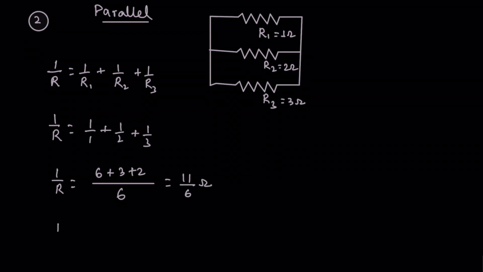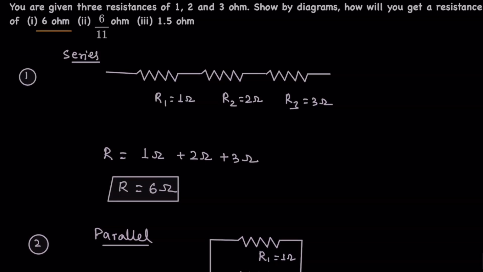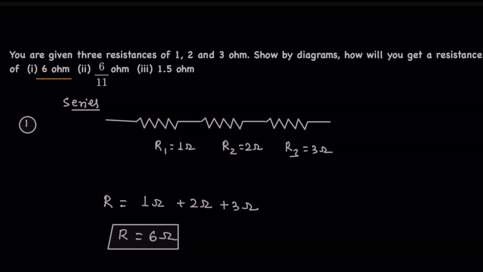So R is equal to 6 by 11 ohm. So this is the answer for our second condition, where we have to prove 6 by 11 ohm total resistance. So it is a parallel arrangement.